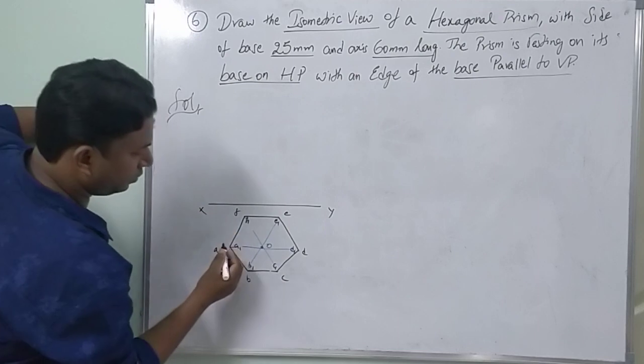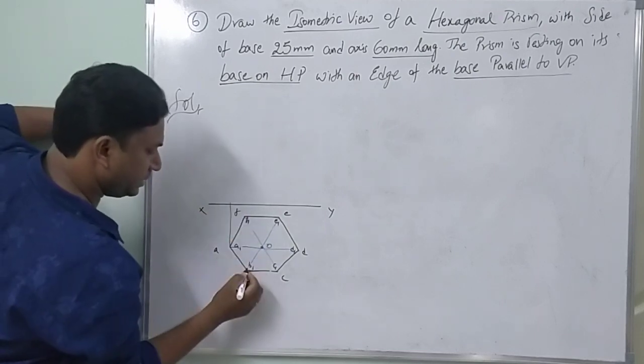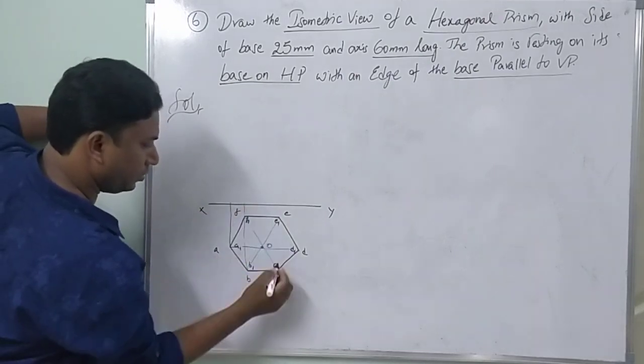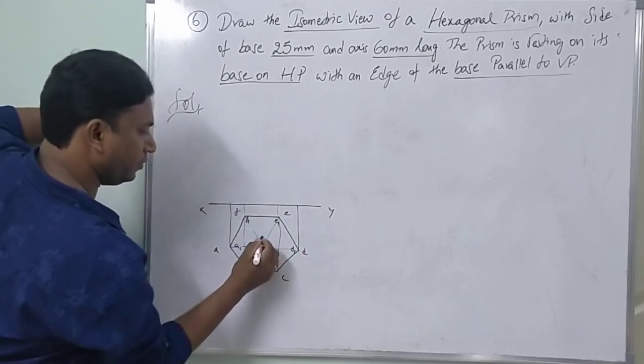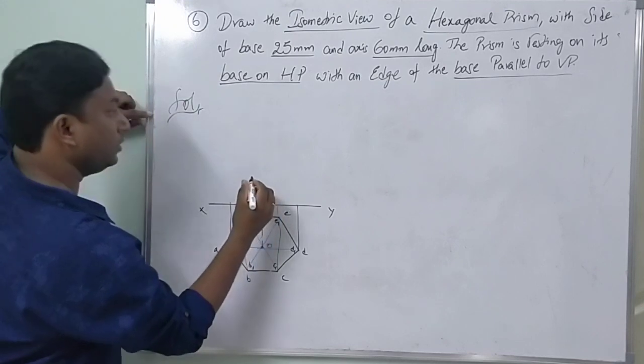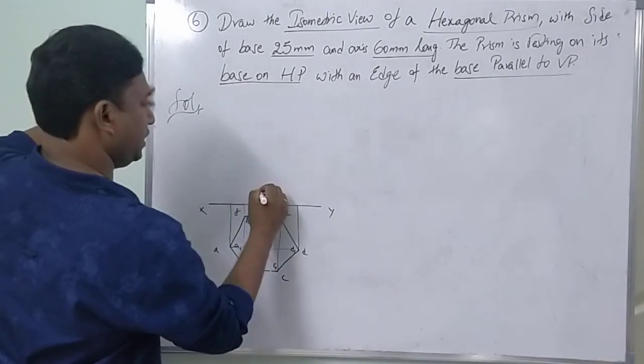Now for its front view, draw the extension lines B to F, C to E, D from O, and the axis line. What is the axis height given? 60 mm.